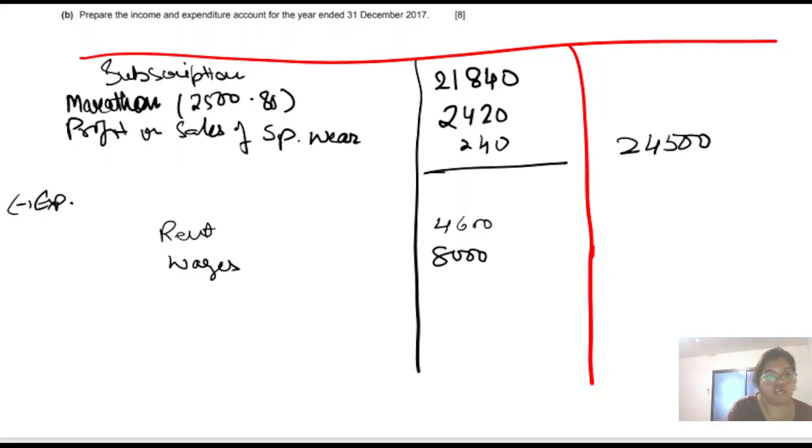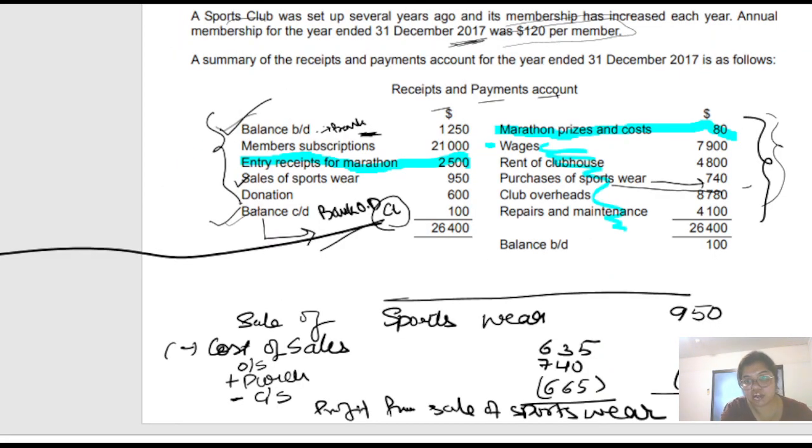Now we have to find out the other expenses also. Purchase of sports is not our expense. Recurring revenue expense, it is not our revenue expense. Club overhead, yes, club overhead is our revenue expense, that was 8780, and repair and maintenance also.